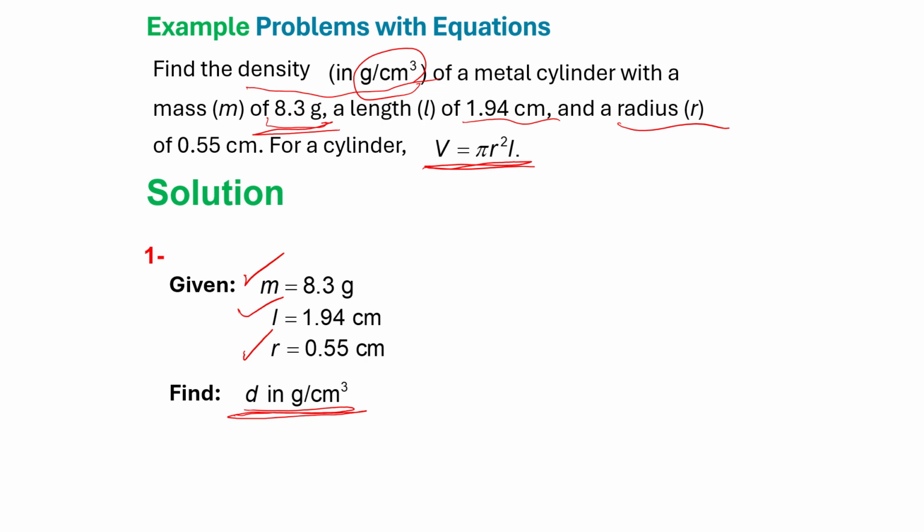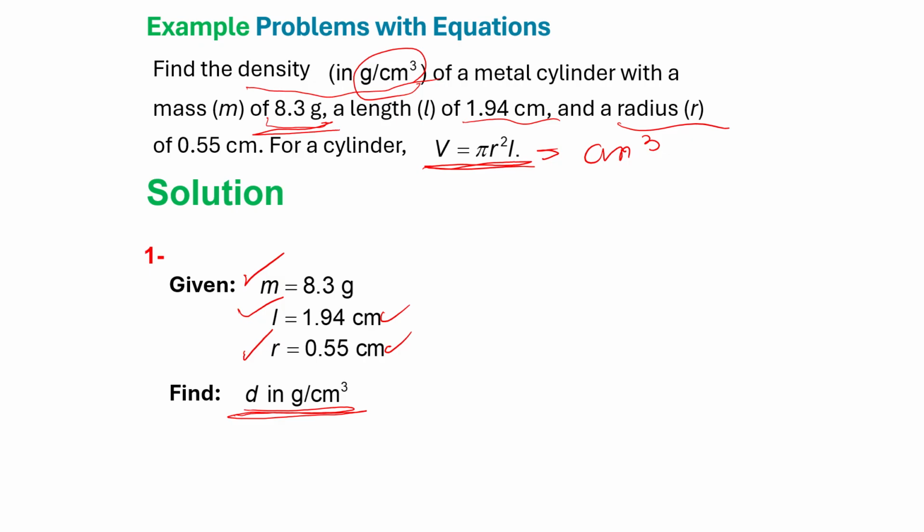After you use that formula, it gives you the volume of the cylinder in centimeter cube, because this one is centimeter, this one is centimeter, so it will give you the value in centimeter cube.